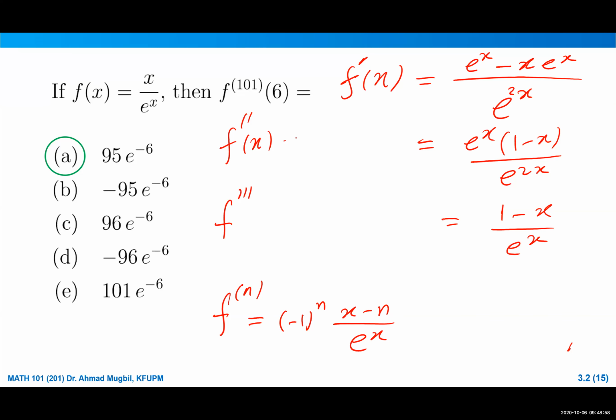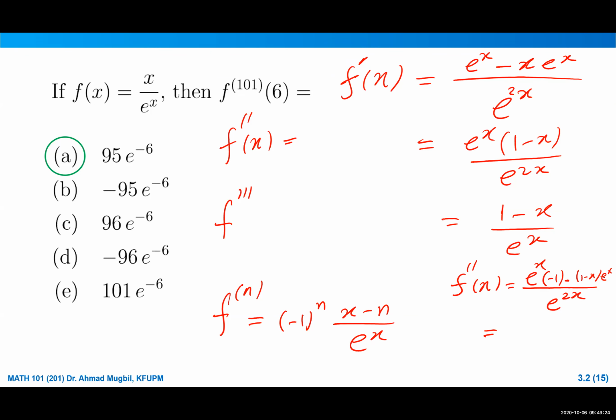So let's continue now. The second derivative, Shabab, for this. Let me do it here. The second derivative will be the denominator squared, the denominator e to the power x multiplied by the derivative of this, which is -1, minus, not plus, the 1 minus x multiplied by e to the power x. Now simplify the second derivative.